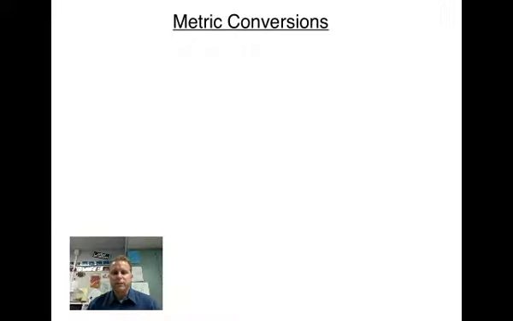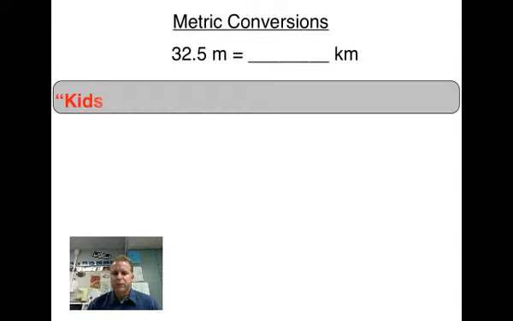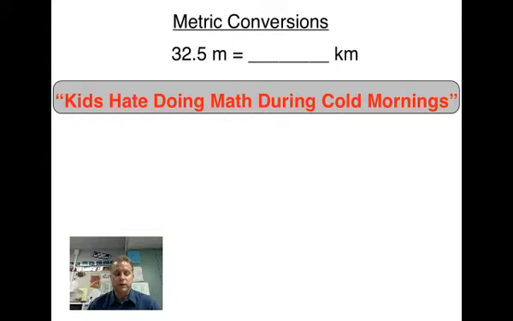Metric conversions. This is where I really think metrics kind of shines and way overdoes our system of measurement. If we start with 32.5 meters and we want to know how many kilometers, it's helpful to remember the following phrase. Kids hate doing math during cold mornings.